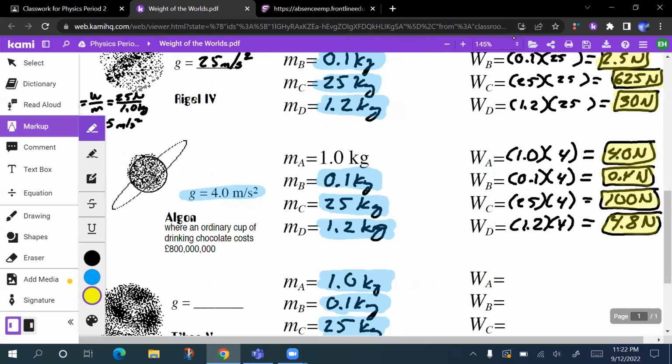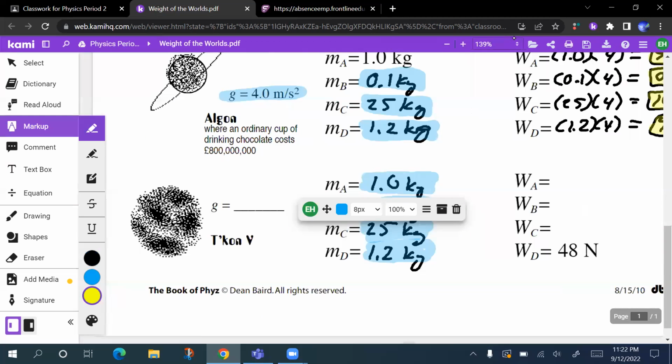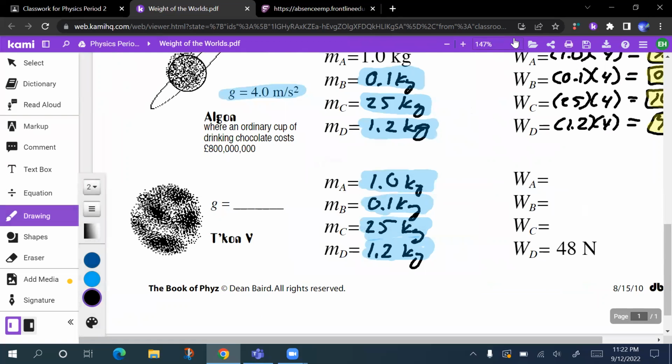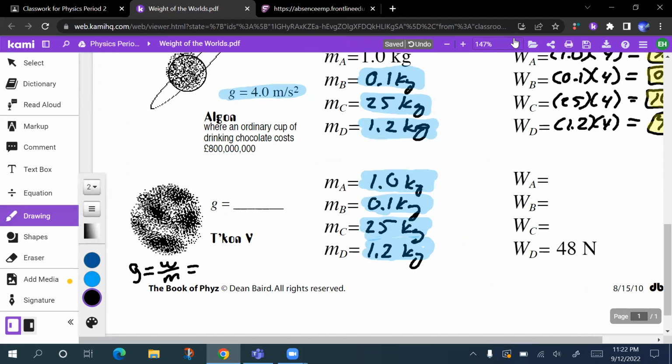Okay, and on our final planet, Takan 5, we have the masses there, and we have the weight calculated for object D. But once again, just like the second planet, we don't have the acceleration due to gravity g. So remember, g is found by taking the weight divided by the mass. So I'm going to take that known weight divided by that known mass, and I'm going to get g, which will end up being constant for all the other objects.